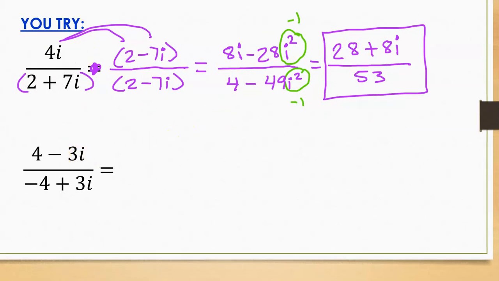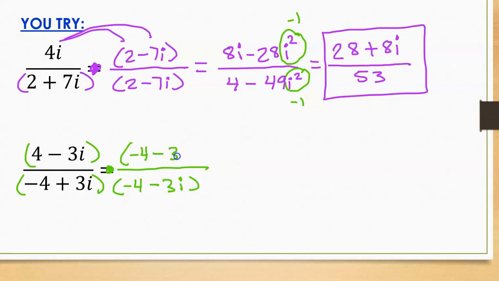And then similarly, I'm going to do the conjugate again. So I'm doing negative 4 minus 3i. Negative 4 minus 3i. Okay, let's see what happens.